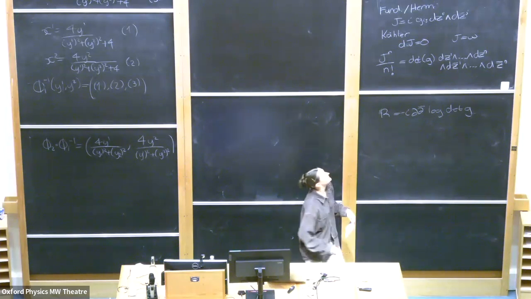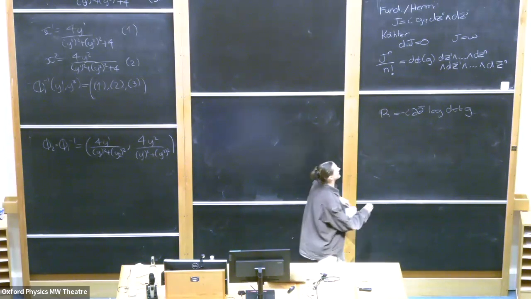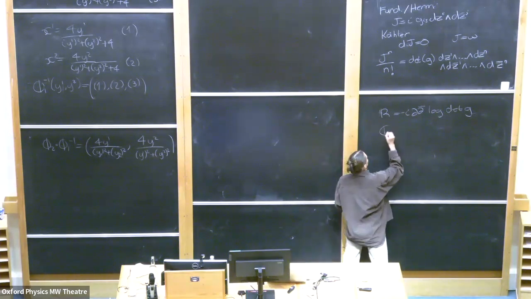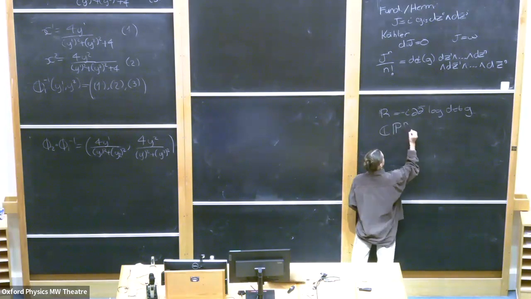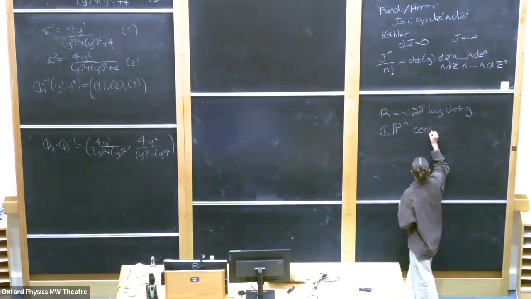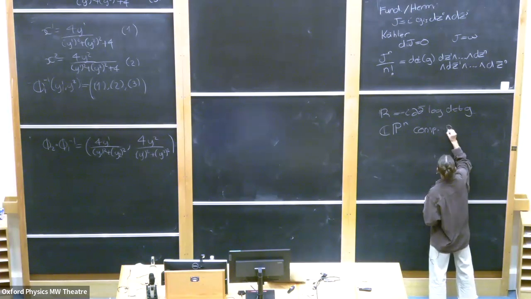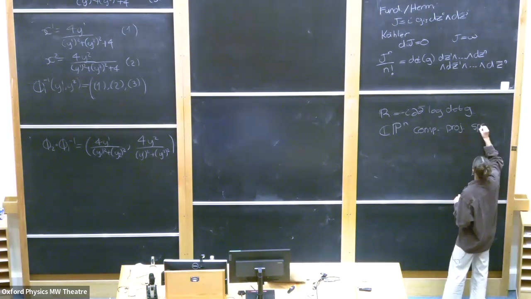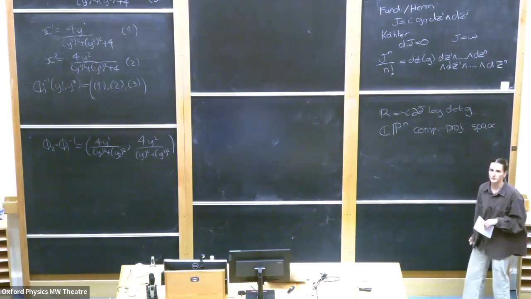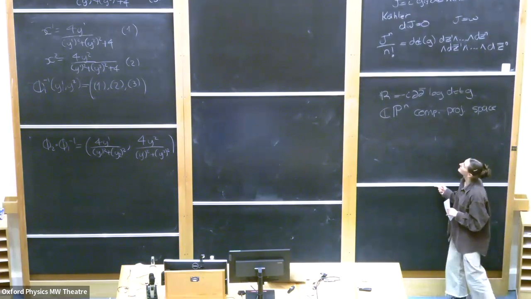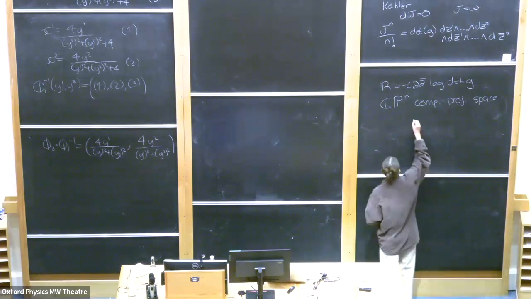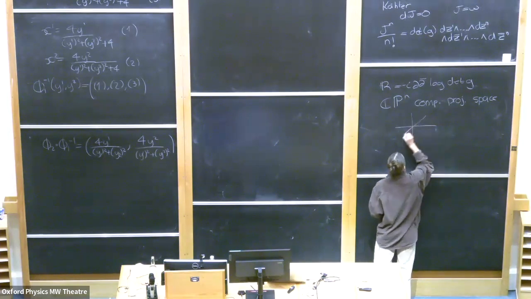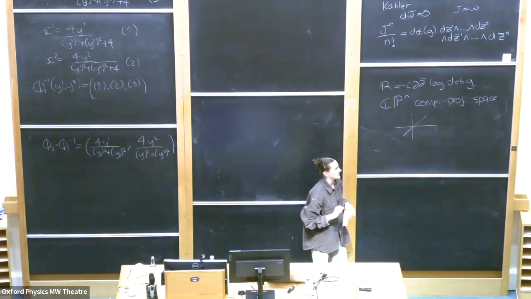So that's a little summary on some of the Kähler geometry, and then the stuff on our complex projective space. As I said, Al also talked about this as well, so you should be pretty familiar with this by now. But just to remind you, it's the set of complex lines that go through the origin.